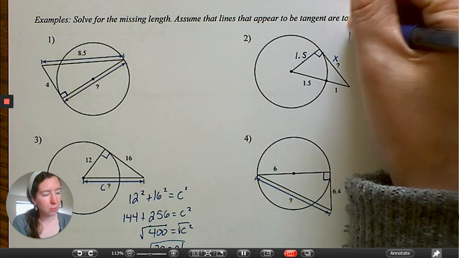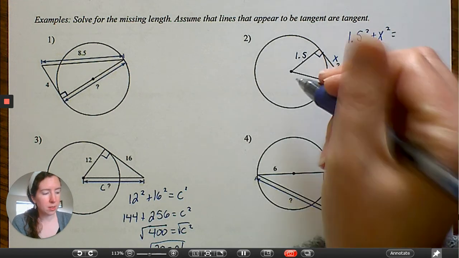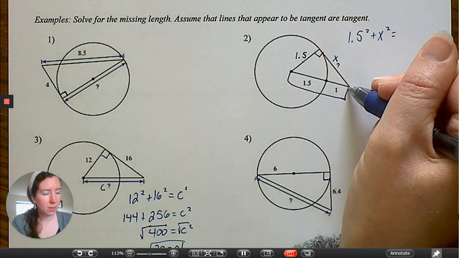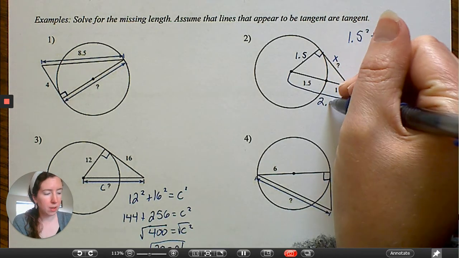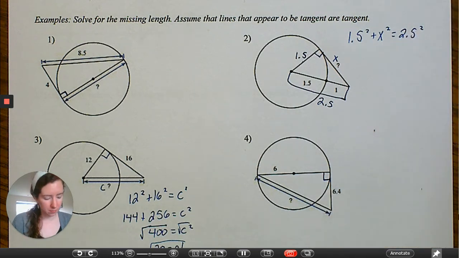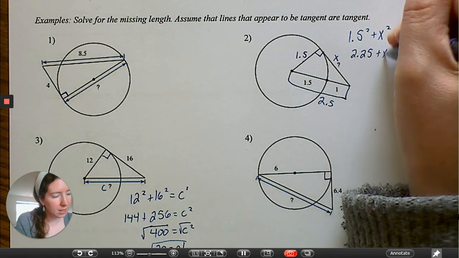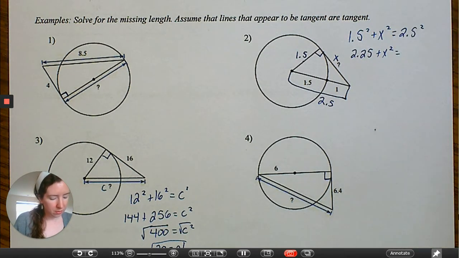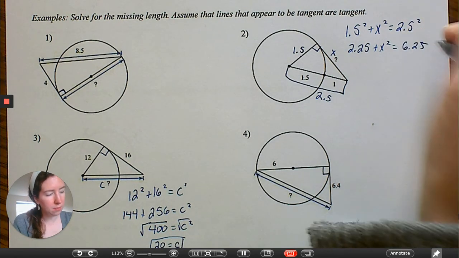So I have 1.5 squared plus x squared equals, this whole thing is 1.5 and 1, so this is going to be 2.5. 2.5 squared equals 1.5 squared, which is 2.25, plus x squared. 2.5 squared is 6.25.